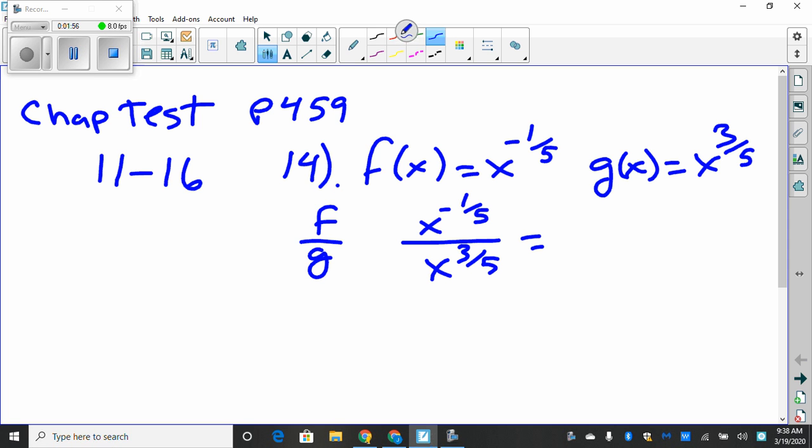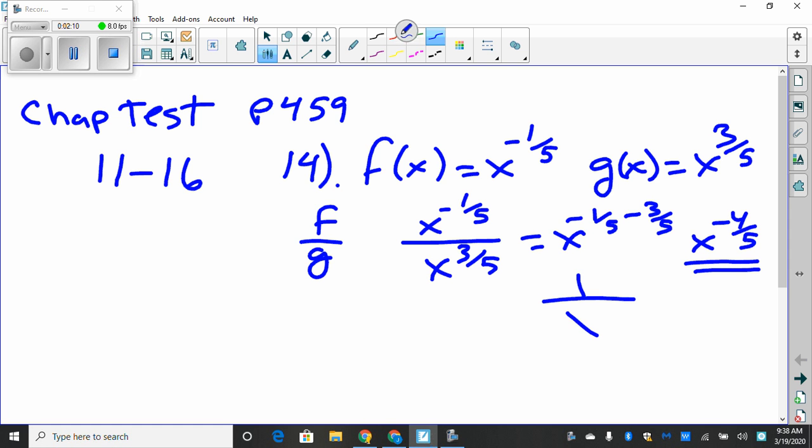And then, of course, you have the same base, so I simply have to subtract these. That'll be x to the negative 1/5 minus 3/5, so that's x to the negative 4/5. Can't have a negative exponent there, so I'm going to do 1 over x to the 4/5. Having an odd root right here, 5, you can put in negative numbers for that, so the domain seems to be all real numbers here.